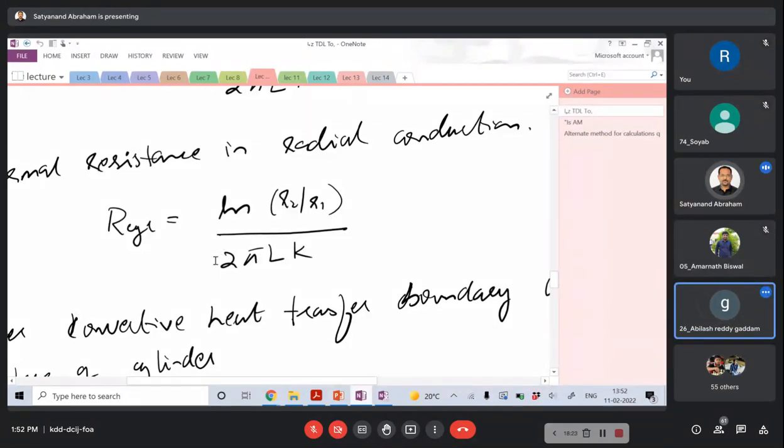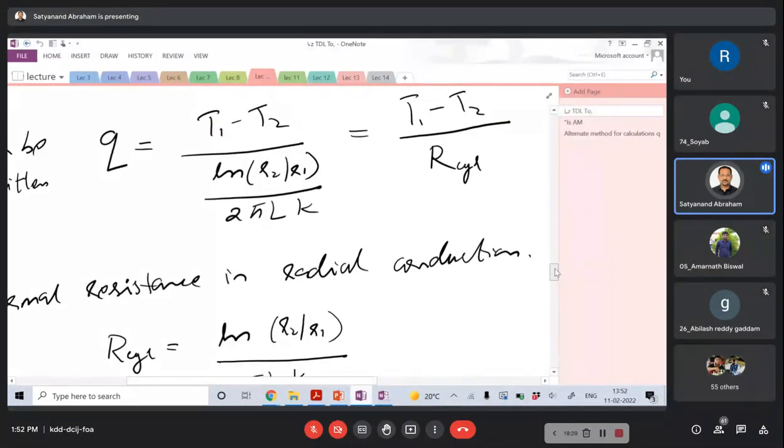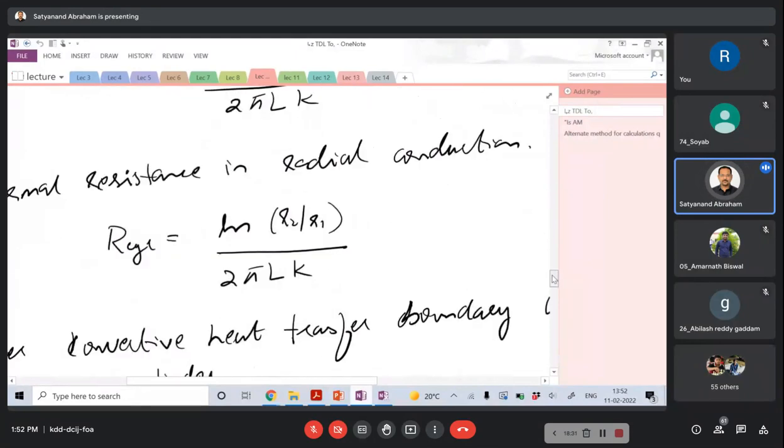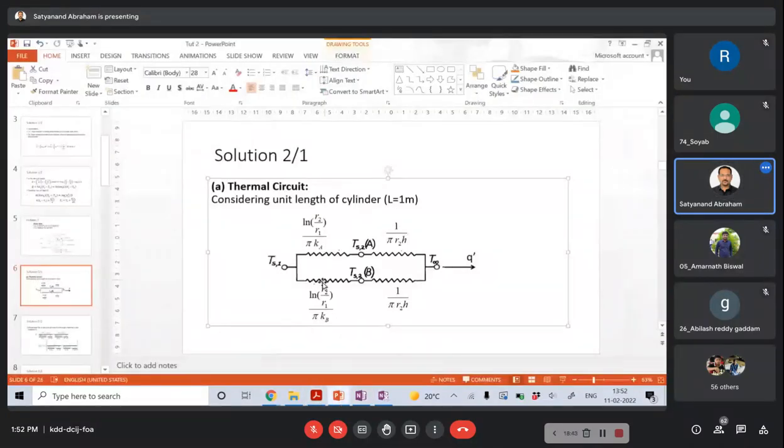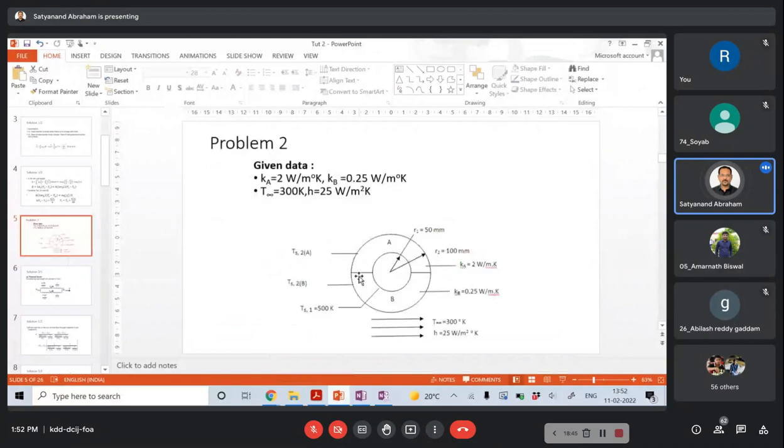In the denominator. Here we said 2 pi L k because we were assuming that to be the surface area, the cross-sectional area, for any strip, and based on that we got this. But in this case, only the half circle is going to be there.